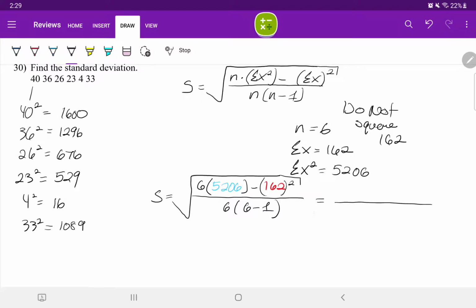Under the square root, 6 minus 1 is 5. 6 times 5 is 30.